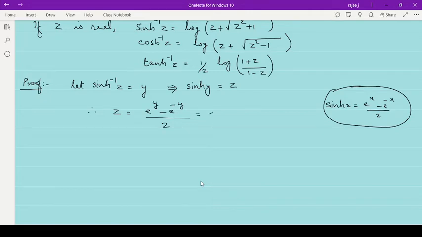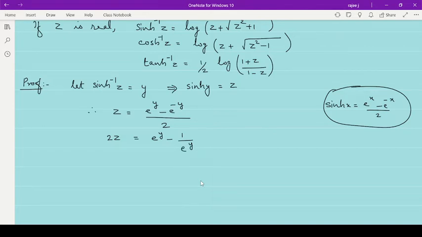Multiply this 2 to the left side. So 2z is equal to e raised to y minus 1 upon e raised to y.